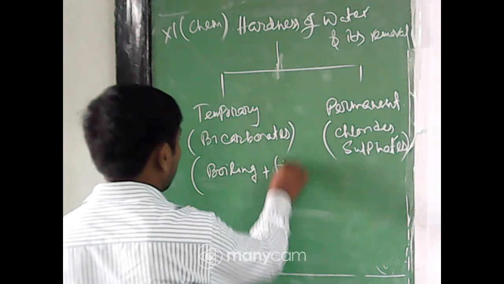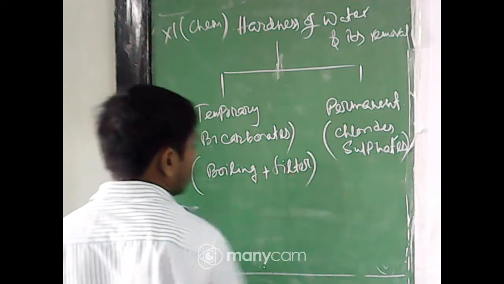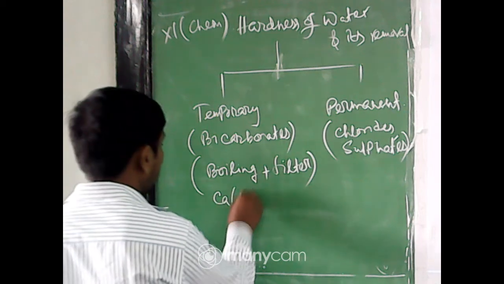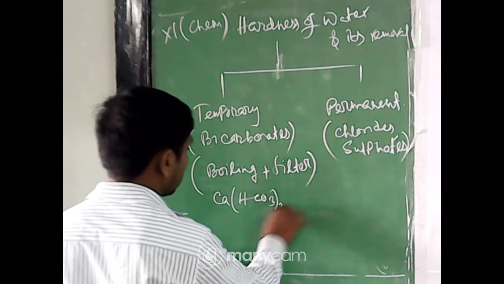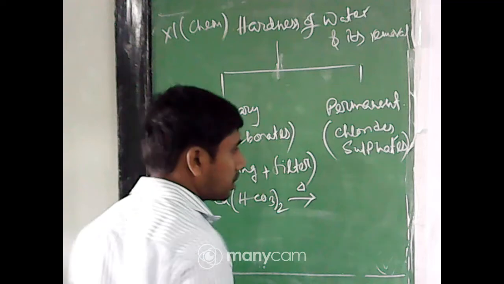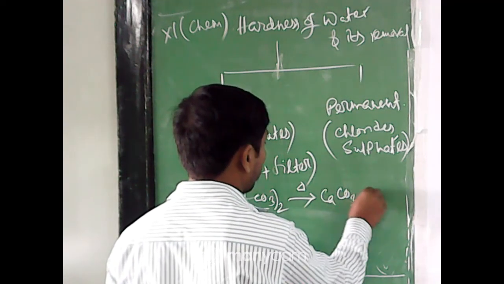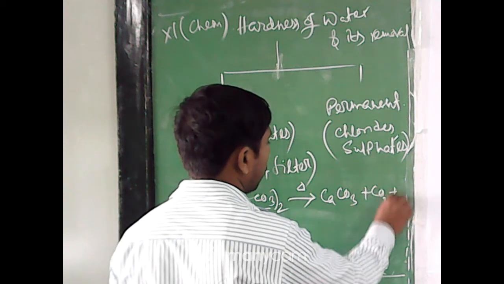plus filtration. So what is the chemical reaction? Suppose calcium bicarbonate is there. When we heat the water sample, it produces calcium carbonate, CO2 plus H2O.